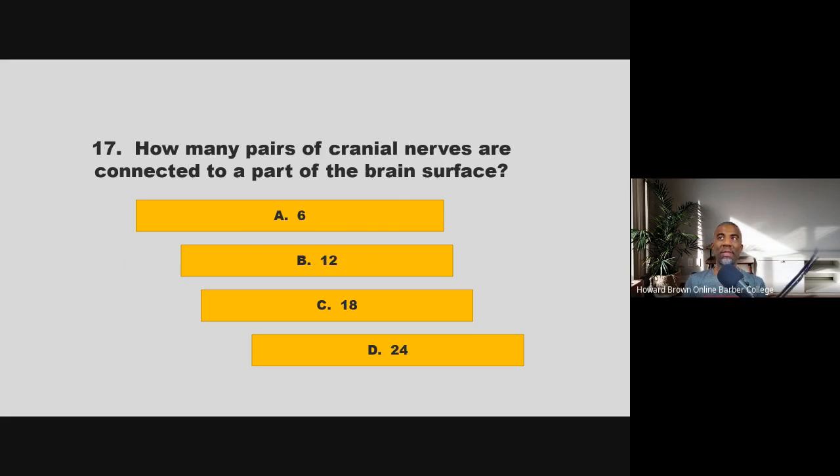How many pairs of cranial nerves are connected to a part of the brain surface? Is it 6, 12, 18, or 24? If you chose B, 12, you are correct.